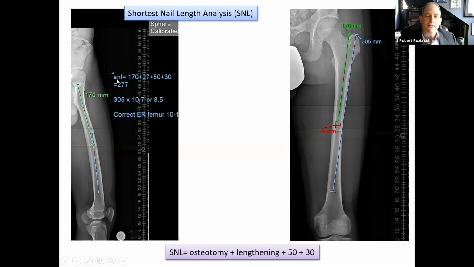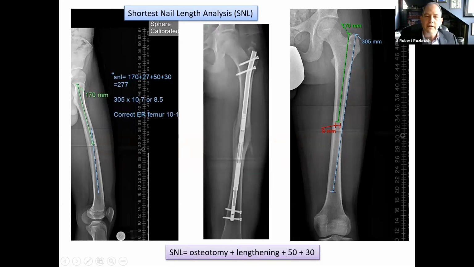Now, to figure out the shortest nail length, the SNL, you take the osteotomy, which is 170, plus the amount that you want to lengthen, in this case, 27 millimeters, and you have to add 50 and 30. The 50 is the amount of thick part of the nail that you want in this distal moving segment, and 30 is the amount of the thin part of the nail that's protruding right at the beginning before you even start.